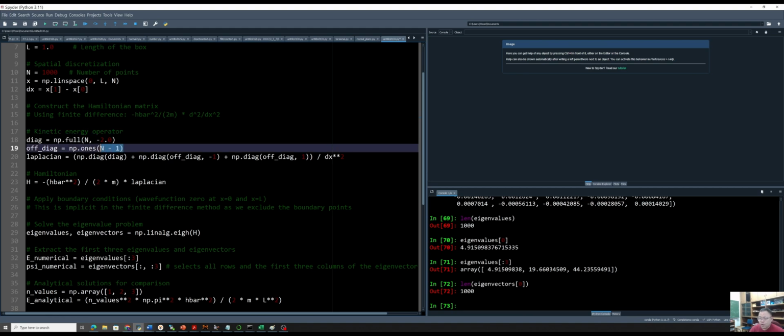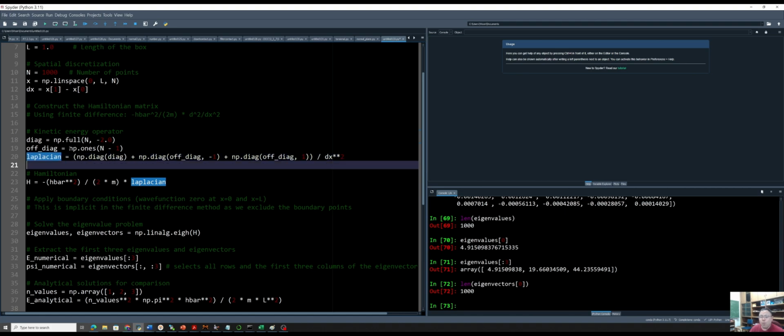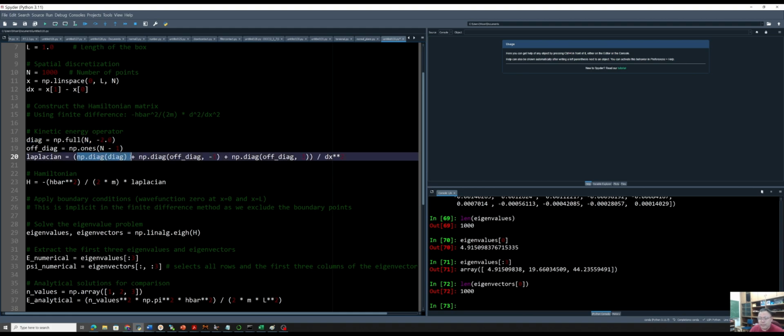We will explain later why n minus 1 here. So the Laplacian can be defined from these 1D arrays, and you can create a 2D matrix by using this one.